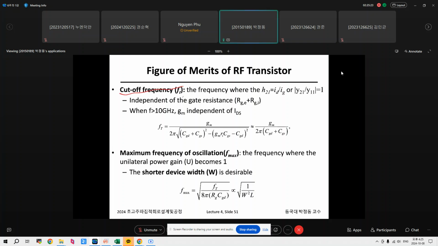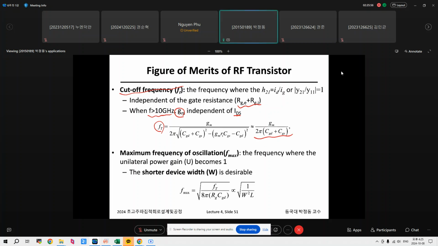Interestingly enough, this cutoff frequency is not a function of gate resistance. If FT is higher than 10 gigahertz, GM is not a function of IDS, so GM is fixed and we can approximate it this way.